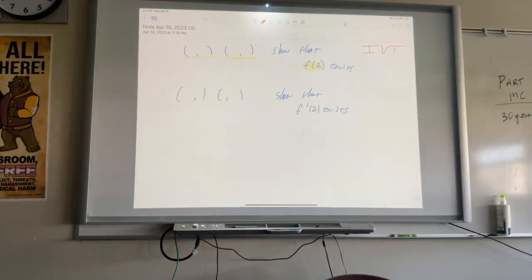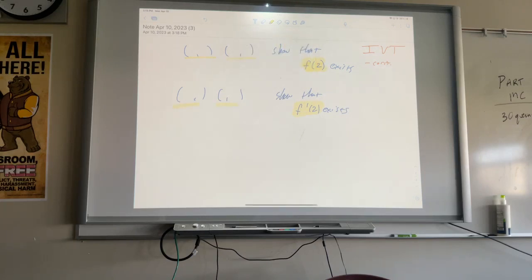In order to use the intermediate value theorem, the function has to be continuous. Does it have to be differentiable? I don't think it does. No, only continuous.